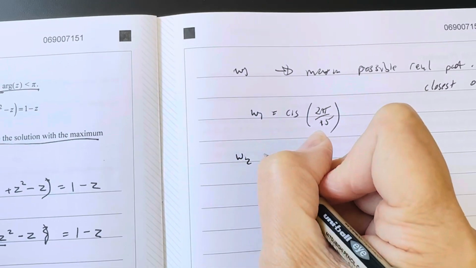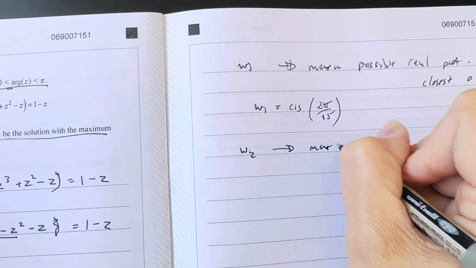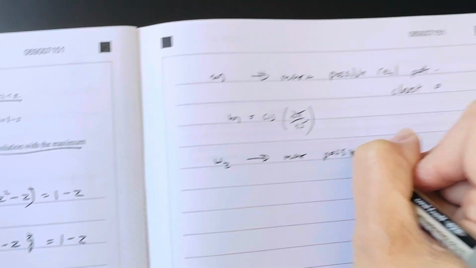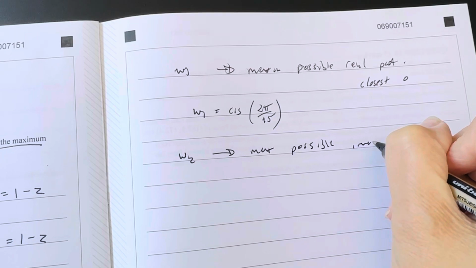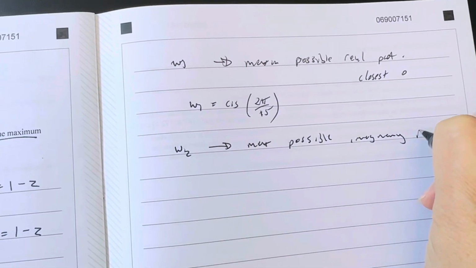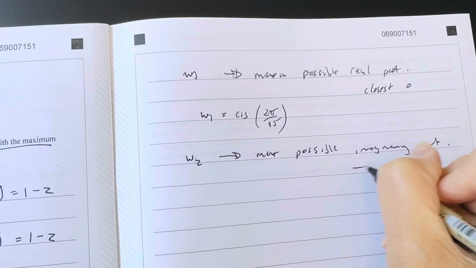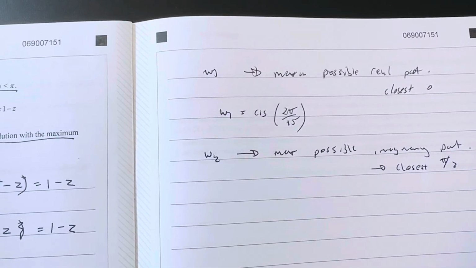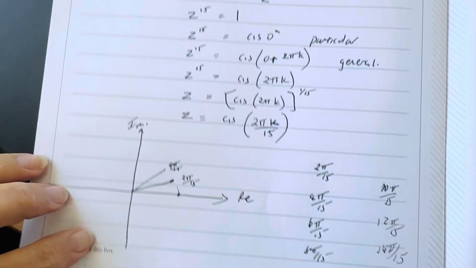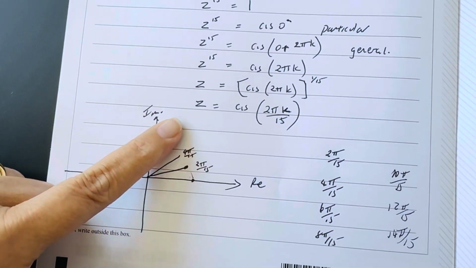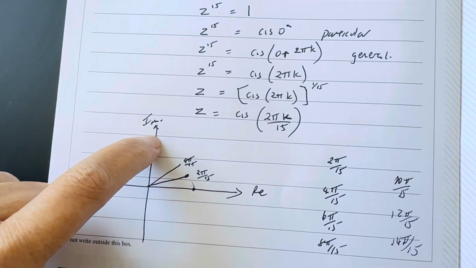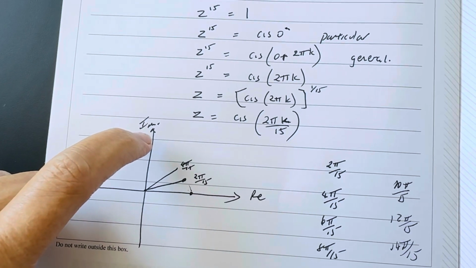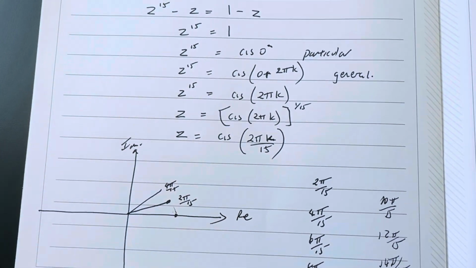Your W2, maximum possible imaginary part. So that's going to be closest to pi on 2. So back on my little diagram, as they're spaced around, which one's going to be closest to pi on 2?